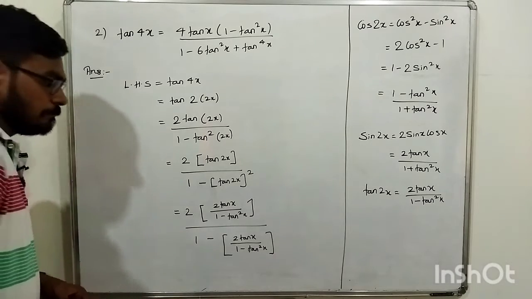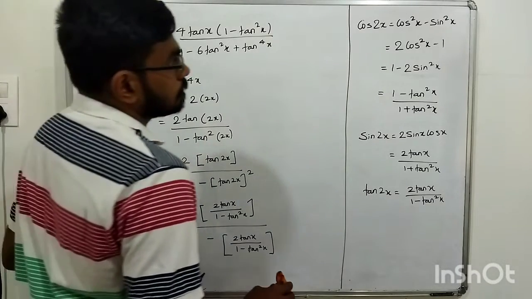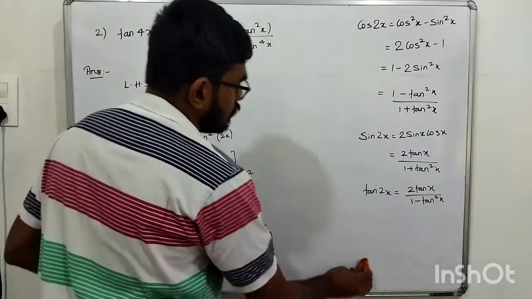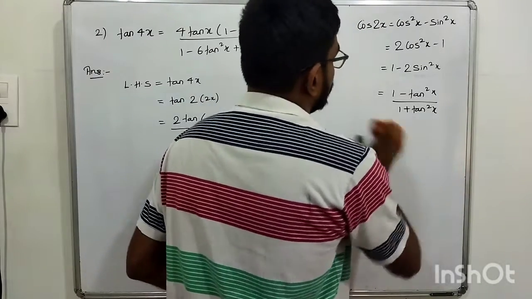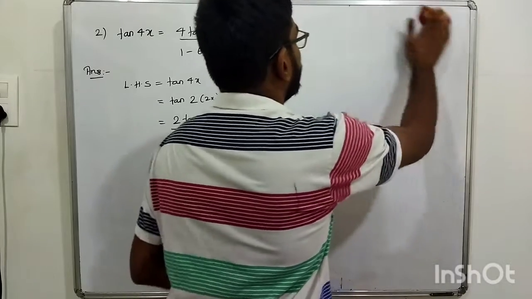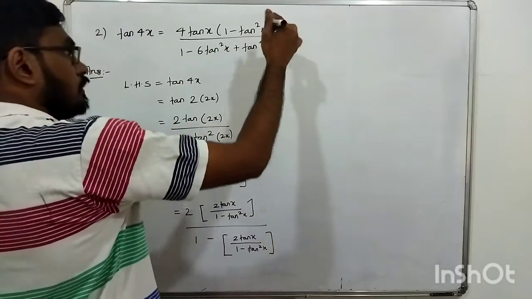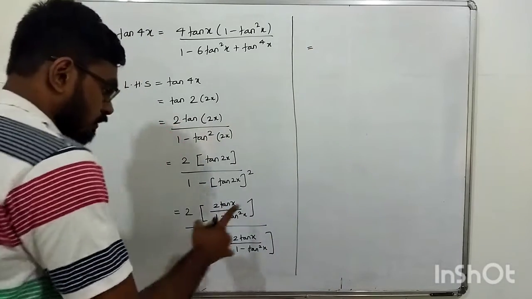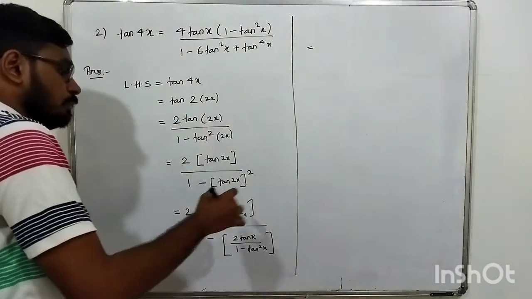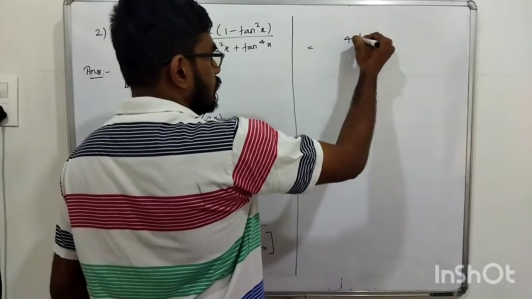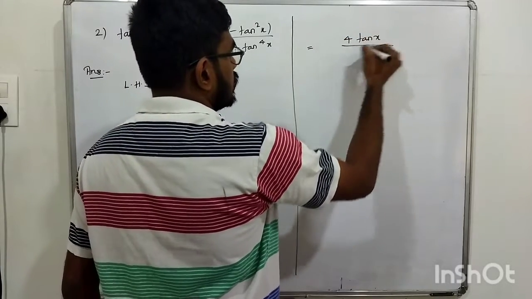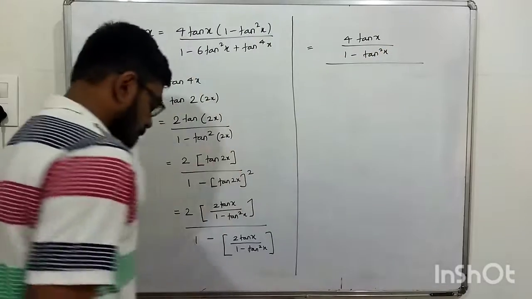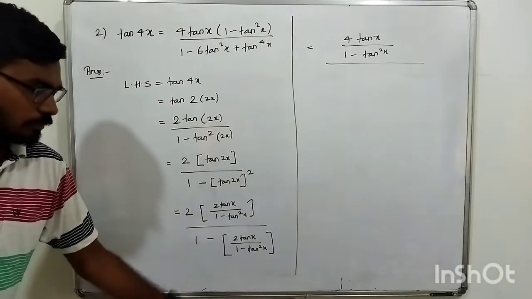Okay, let's see. I'll rub this. You see the formula there. So 2 into 2 is 4, upon 4 into tan x upon 1 minus tan square x, and in the denominator 1 minus 2 tan x upon 1 minus tan square x.